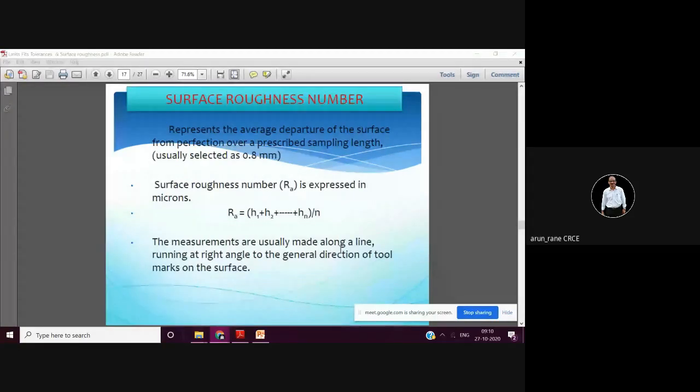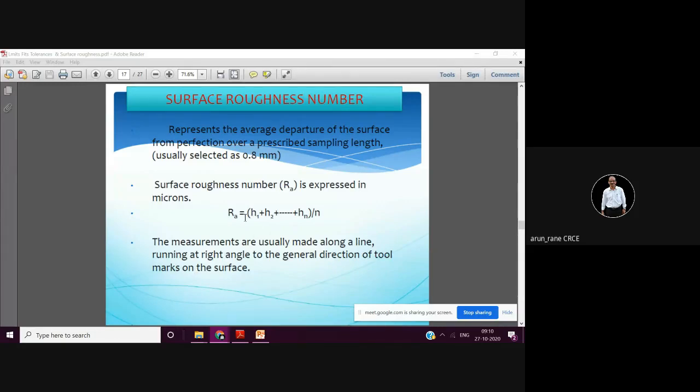There is another technical term called the surface roughness number, which is expressed like this. You measure the different heights. There is equipment, the surface finish tester, also called the profilometer. Taylor Hobson's surface finish tester is most common, and we have it in our college also, in the metrology lab. That gives you directly the surface finish value in microns.